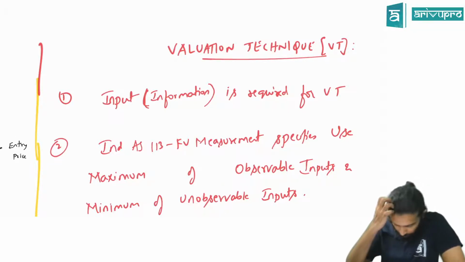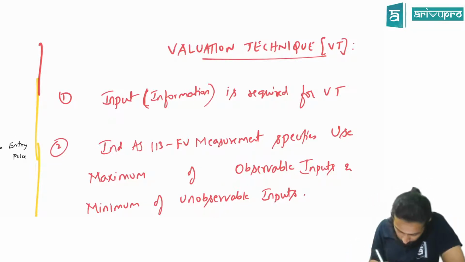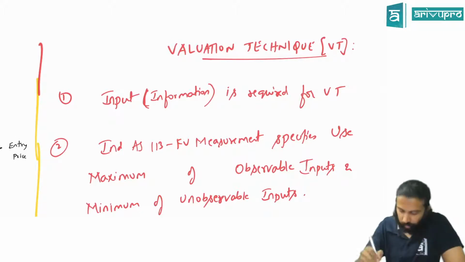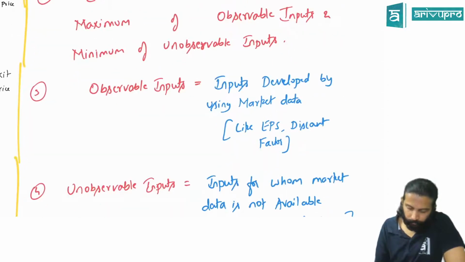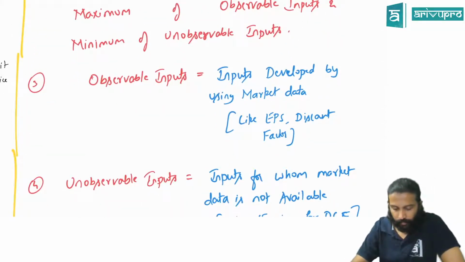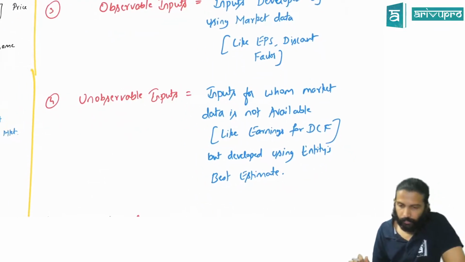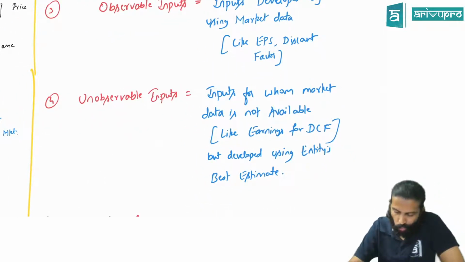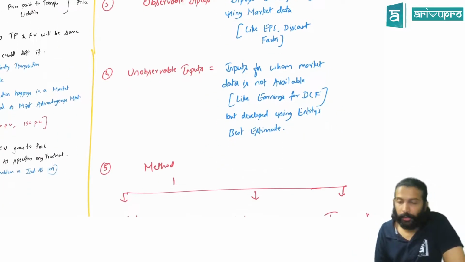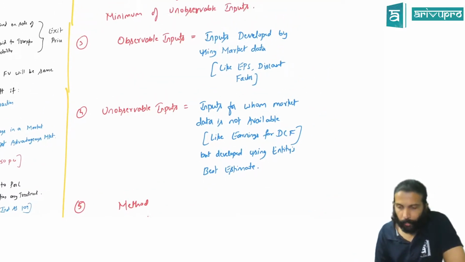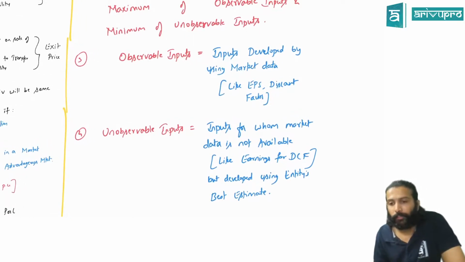Is maximum amount of observable data and minimum of unobservable inputs. Fine now? Copying anything still or okay? Sure.